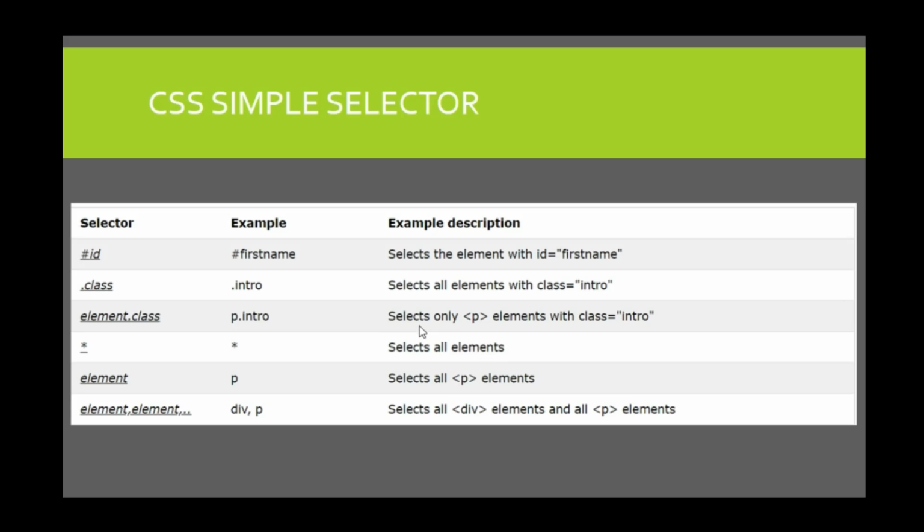The next one, P dot intro, selects only P elements with class equal to intro. This one is for all elements, this one only selects the tag P, and this one selects all div elements and all P elements. So these are the simple selectors in the CSS.